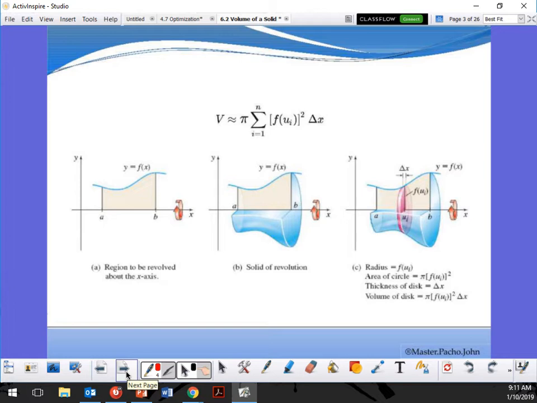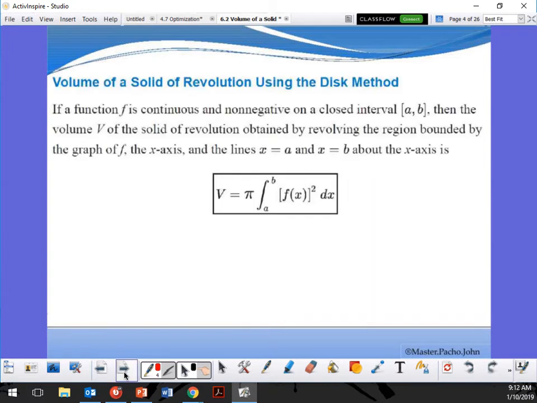Same thing, as I'm rotating around the x-axis, the thickness of my little slices is my delta x, because each time I'm going through, it's in terms of x. And so I have my function.